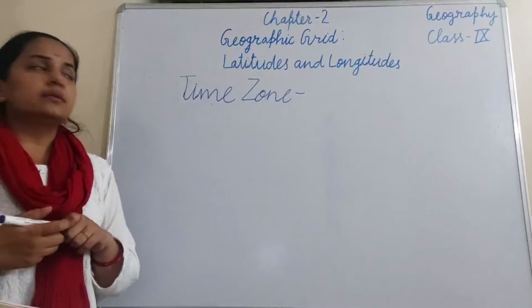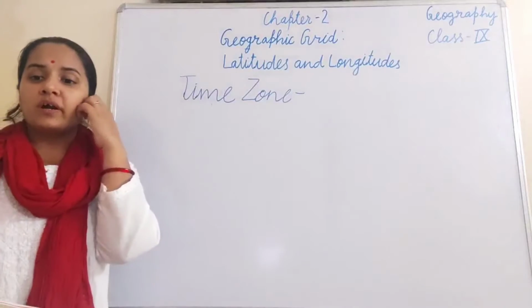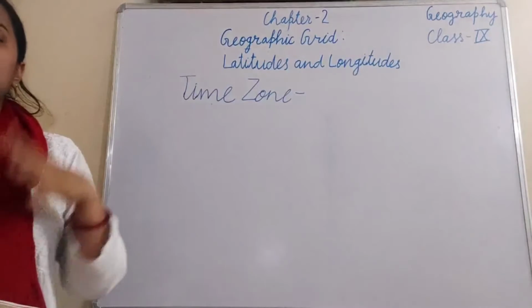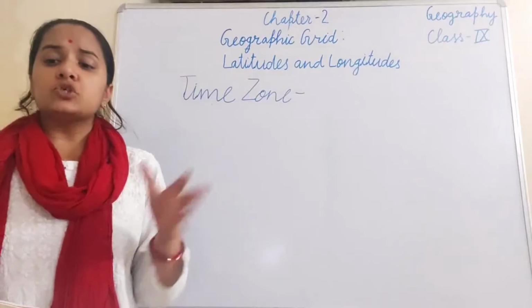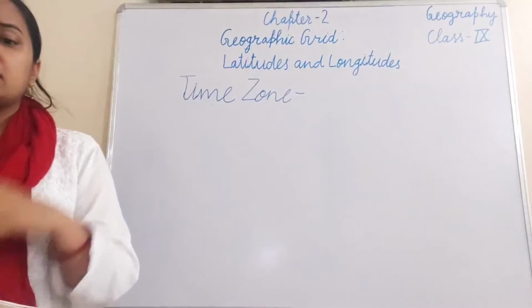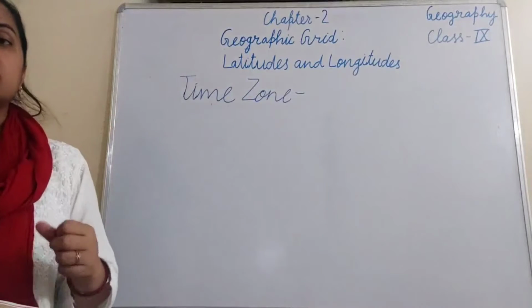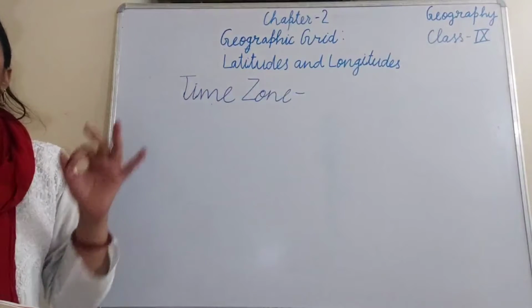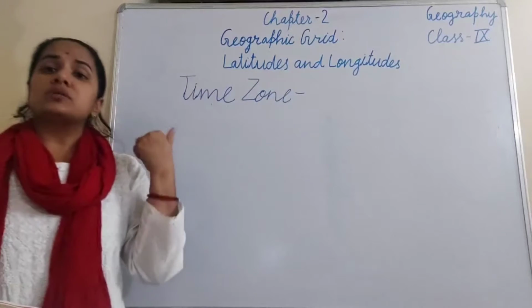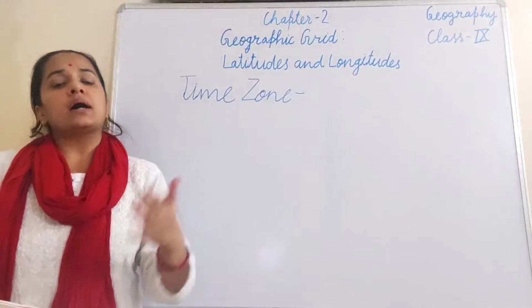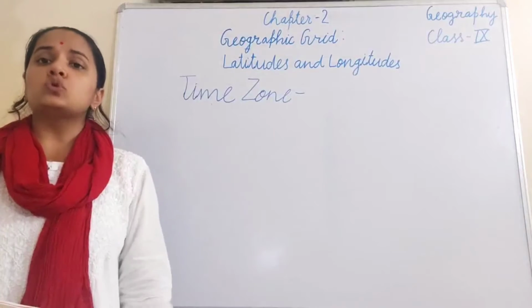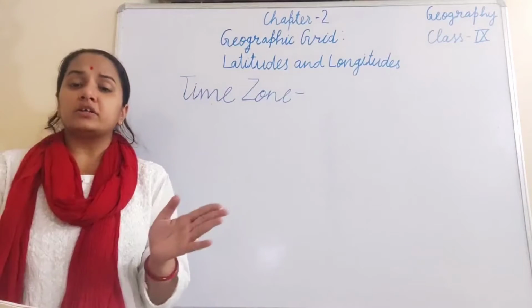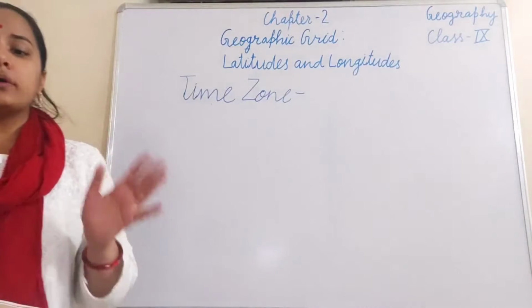This is basically to overcome confusion while allowing the interplay of various natural forces to operate. The earth has been divided into 24 time zones. Why? Because there are 24 hours in a day. On the basis of that, the earth is divided into 24 time zones.